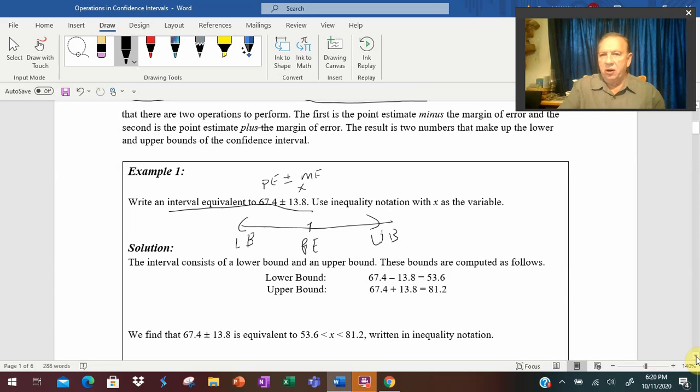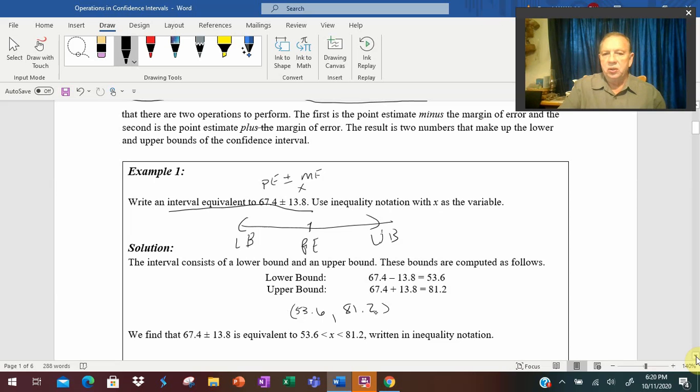Okay. So first of all, I'm going to take my point estimate and subtract the 13.8, that margin of error that's understood there, and I get 53.6. And to get my upper bound, I'm going to add that margin of error. That'll give me 81.2. And then I'm going to write this as an open interval. I'm not going to include these endpoints. Just like in math, I would write 53.6, 81.2, and I do not include these numbers.